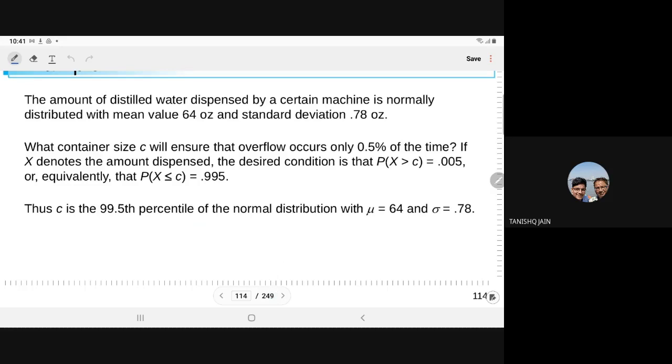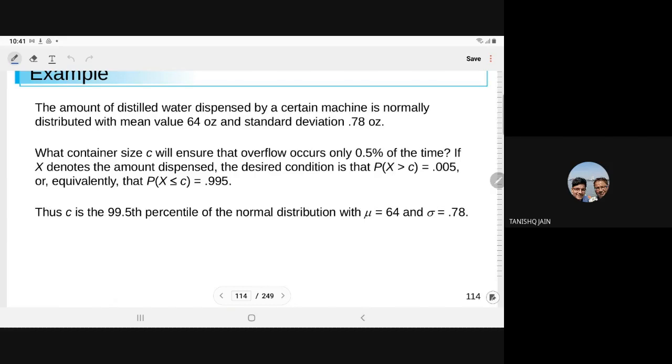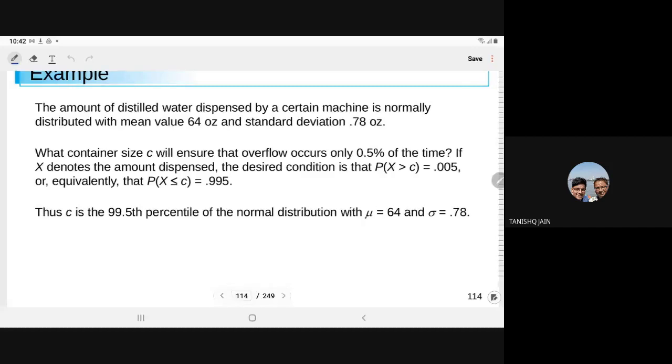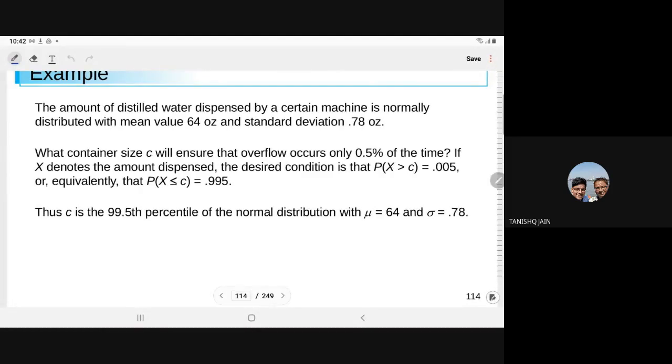For example, the amount of distilled water dispensed by a certain machine is normally distributed with mean 64 ounces and standard deviation 0.78 ounce. You have to determine what container size C will ensure that overflow occurs only 0.5% of the time.